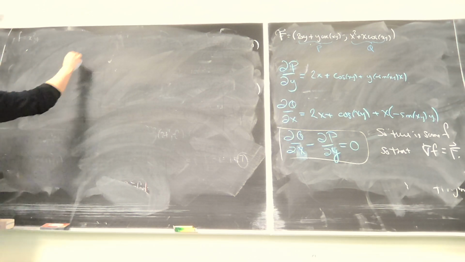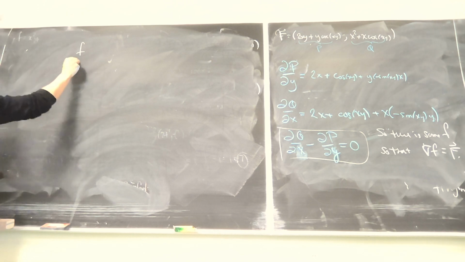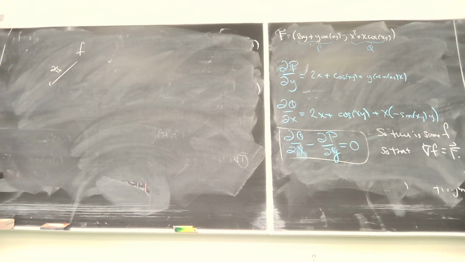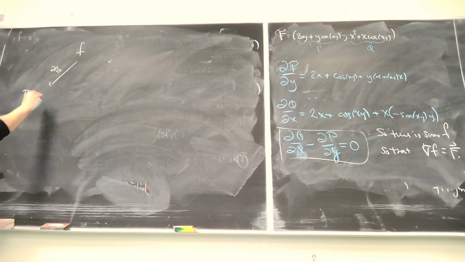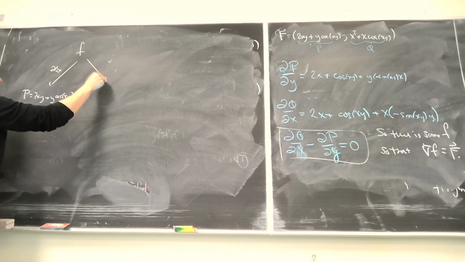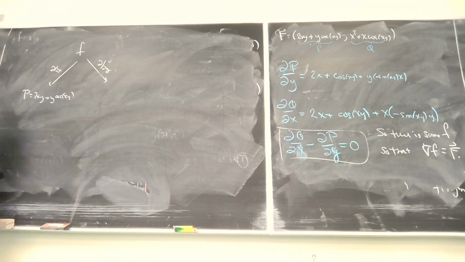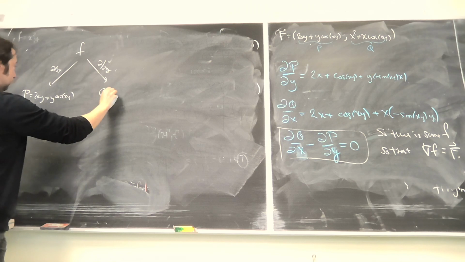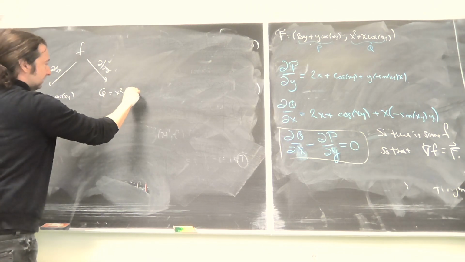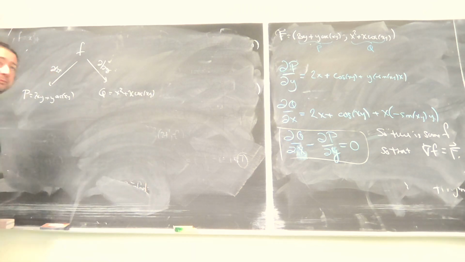Now that I know there's an f, if I took d by dx of f, I get the function p, which is equal to 2xy plus y times the cosine of xy. And if I took d by dy of f, I should get q, which is equal to x squared plus x times the cosine of xy.